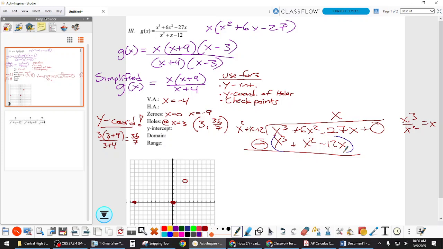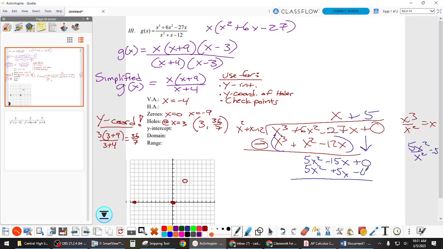So we get 6 minus 1, that's 5. We get negative 27 minus negative 12, which is negative 15. Then bring down your 0. Okay, and then the next question, 5x squared divided by x squared is just 5. Multiply 5x squared, and then x times 5 is just 5x.